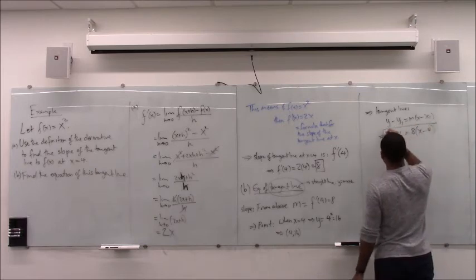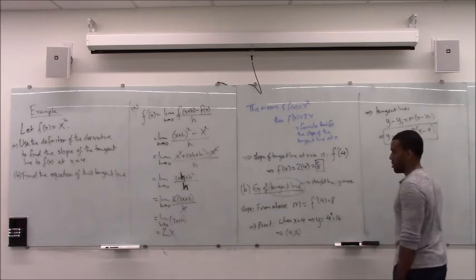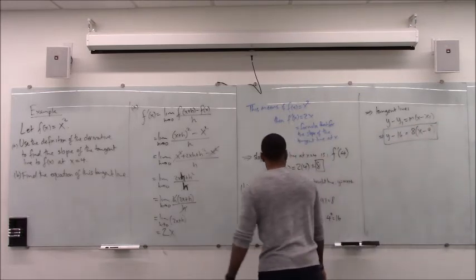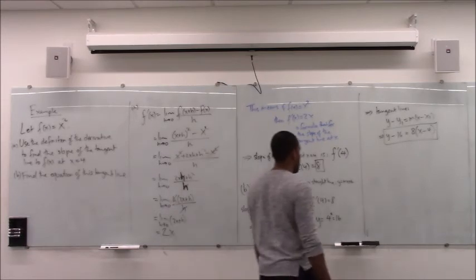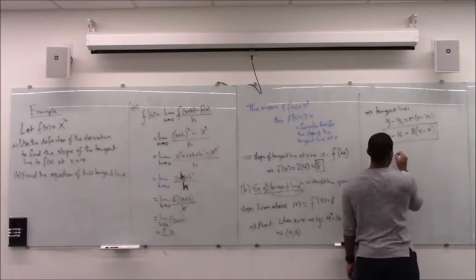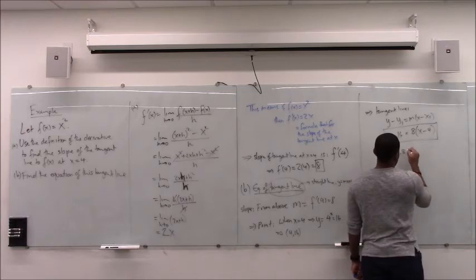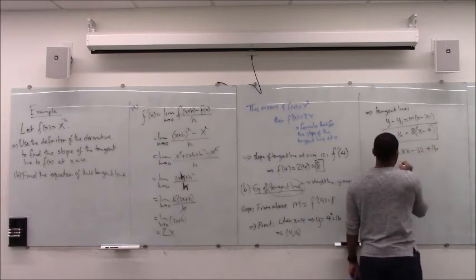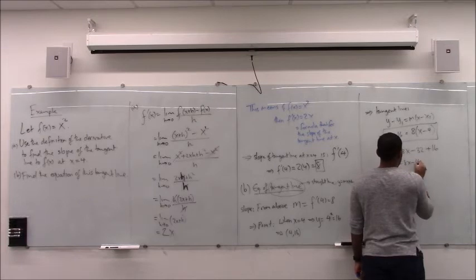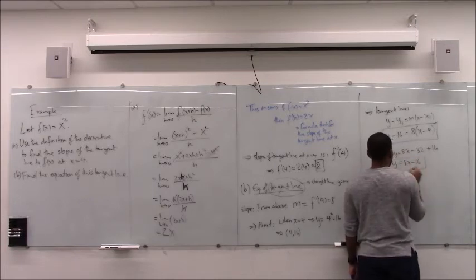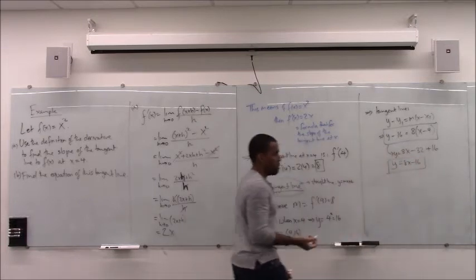And that's the equation of the tangent line. If you want it in y equals mx plus b form specifically, you could also do that. 8 times 4 would be 32, plus 16, so you get 8x minus 16. So that's in mx plus b form.